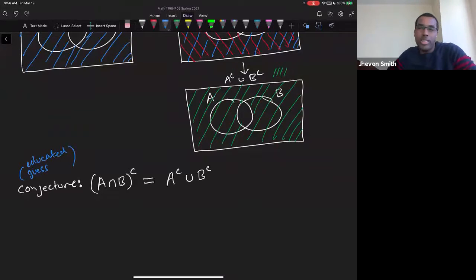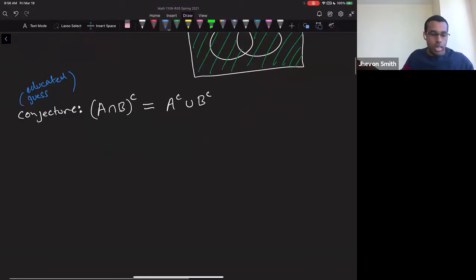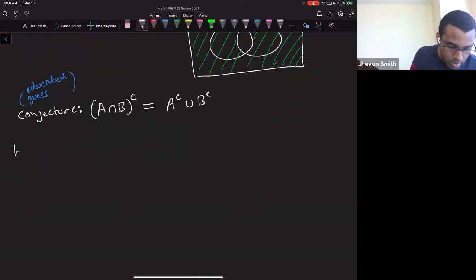So the word conjecture in mathematics means kind of like the same thing as hypothesis in science, right? I have a guess as to what is going on here. I mentioned last time that pictures are not proofs. You can't actually use a picture to prove anything, but you can kind of hint at a guess. Like the educated guess based on the picture would be that they are equal. It turns out that they're in fact equal, but the picture is not the proof of that.